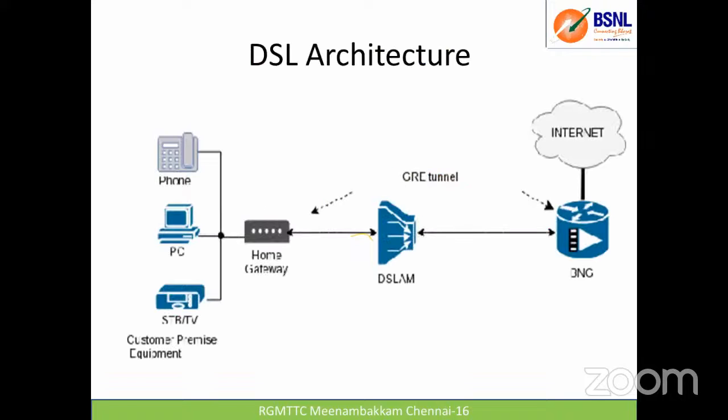This is the DSL architecture of a copper broadband line. These are the customer premise equipment: a telephone, a PC and a modem. This one is the home gateway, which we call a splitter.